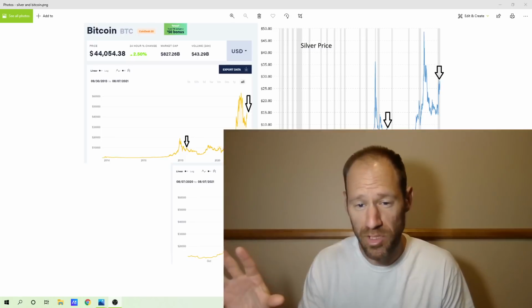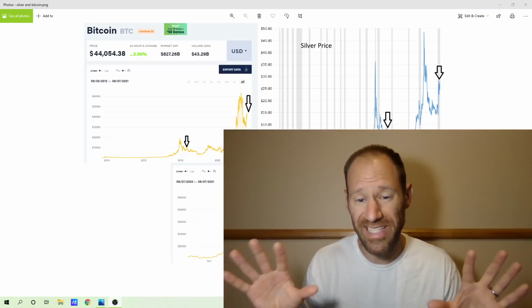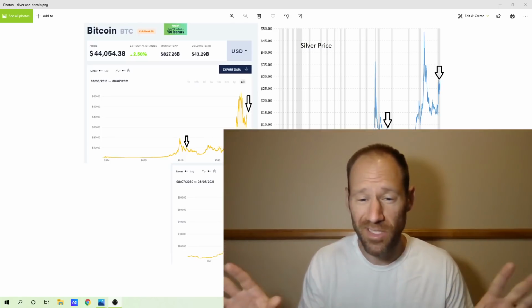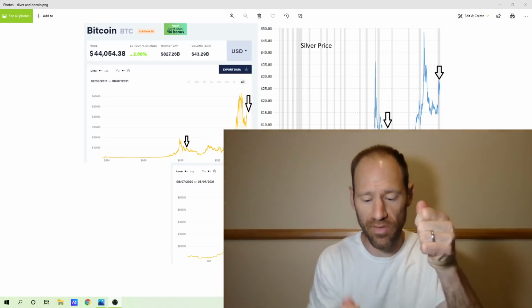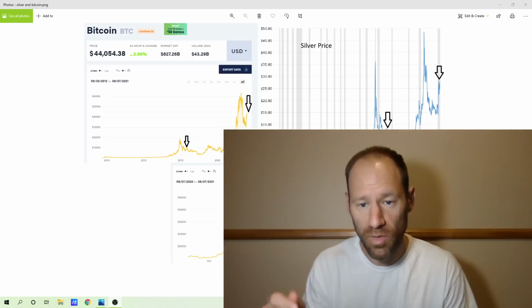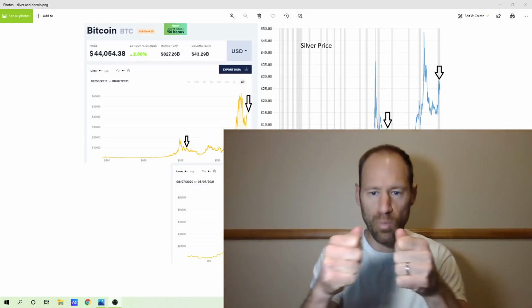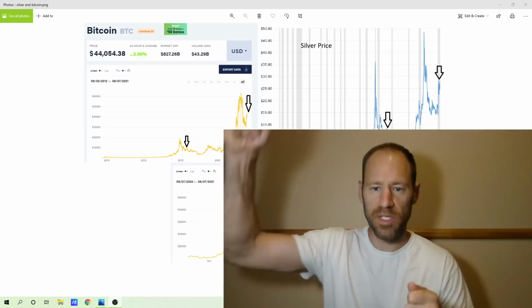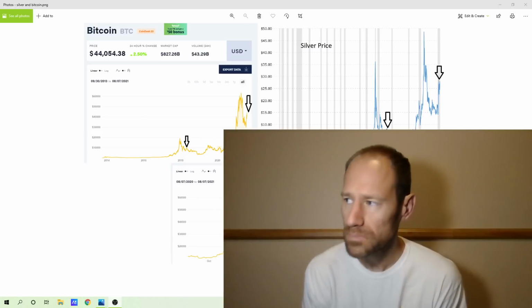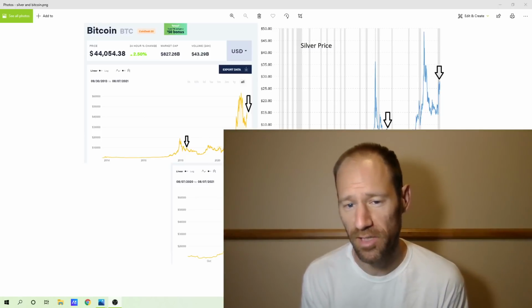So I'm taking a copper chart, comparing it to a Bitcoin chart on different time scales, and they're basically the same pattern. The movements are roughly the same, but one could be scrunched up, one could be drawn out, one could be up, one could be down a little bit, but in aggregate, they are the same pattern.